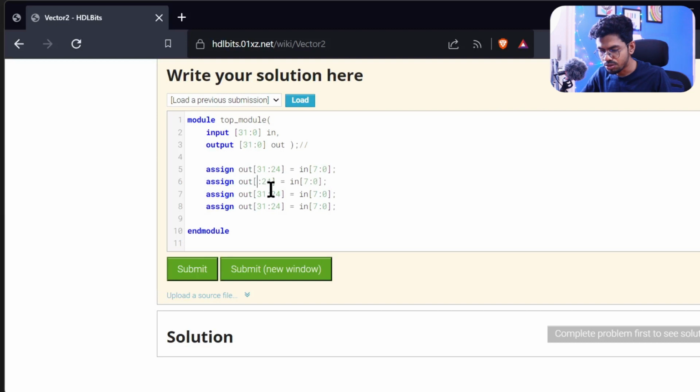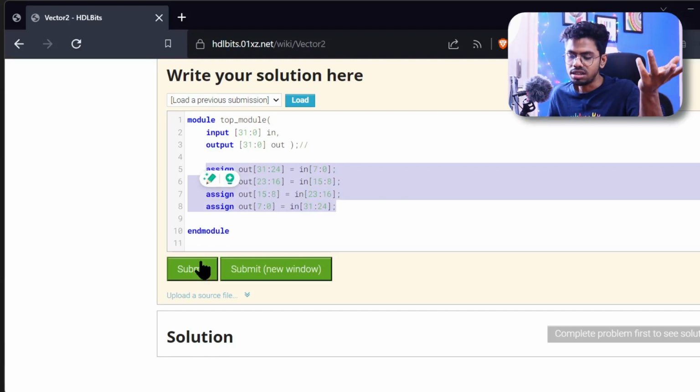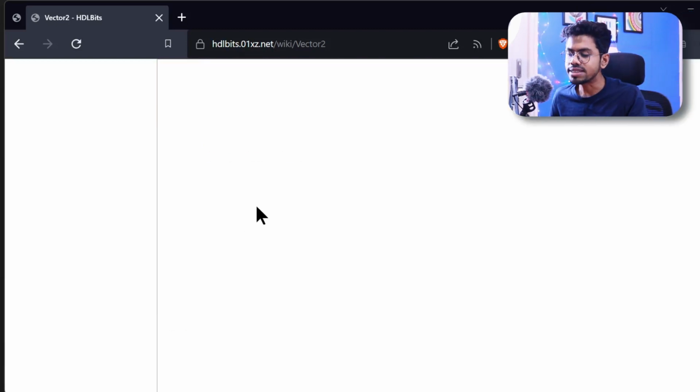Then our next position is 23 to 16, and there we will take the next significant bits. The next bits will start from 8 and go up to 15, right? Likewise you fill up the other 2 lines. I hope we have divided perfectly. If so, then the answer is this, so we should get a success message.